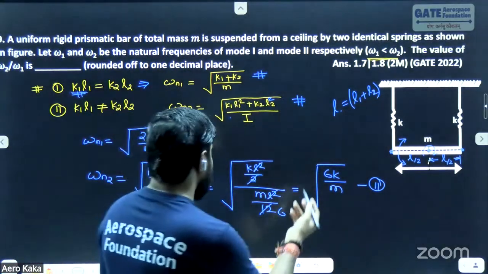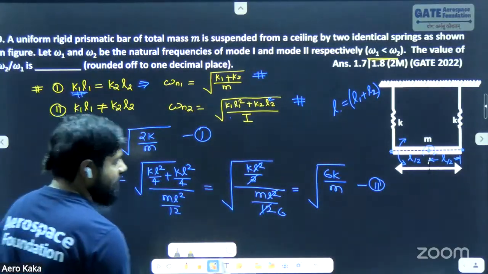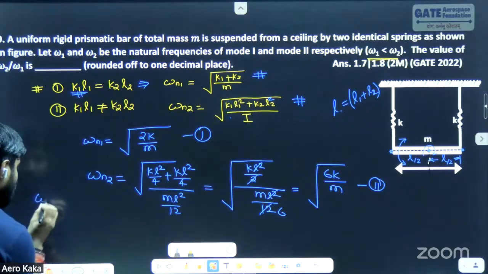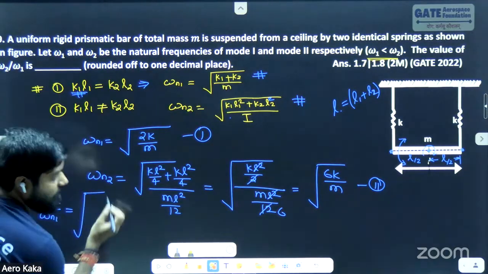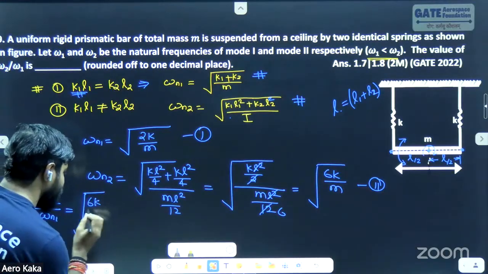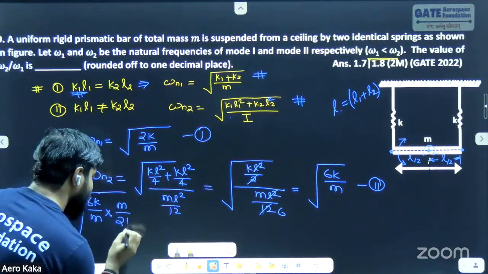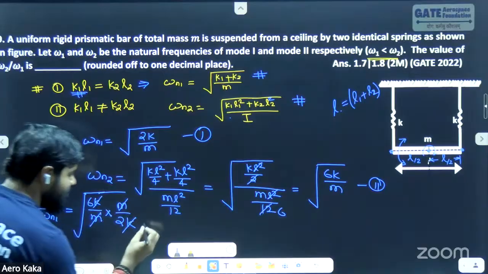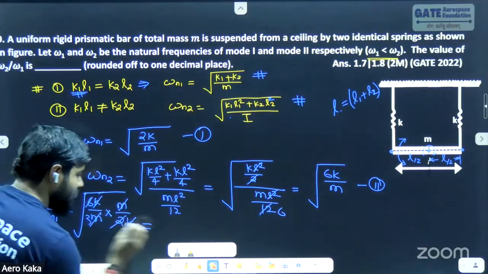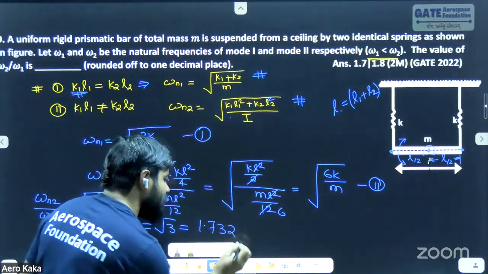Now simply what they are asking, the value of omega 2 by omega 1, so omega n2 divided by omega n1 is going to be root of 6k by m into m divided by 2k. Are you getting it? So this m and this m get cancelled, this k and this k get cancelled, and 2 3 6. So I'm getting root 3. What is the root 3 value? 1.732. Say yes or no, sir.